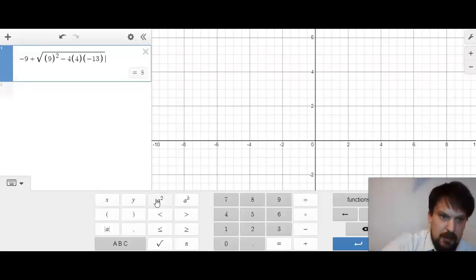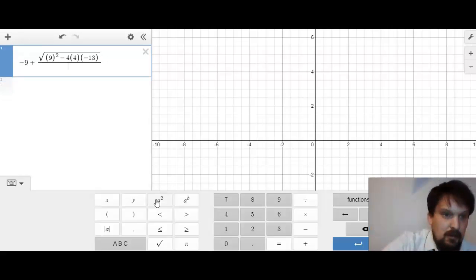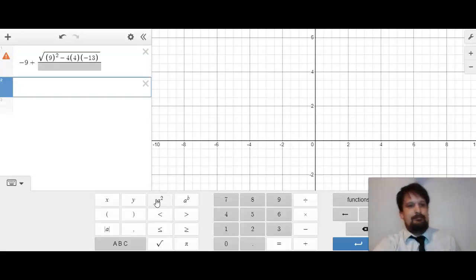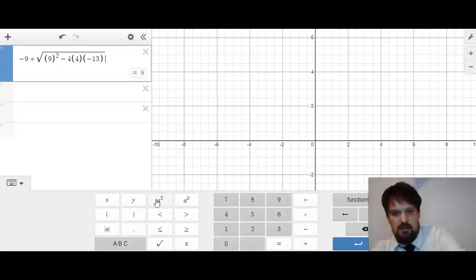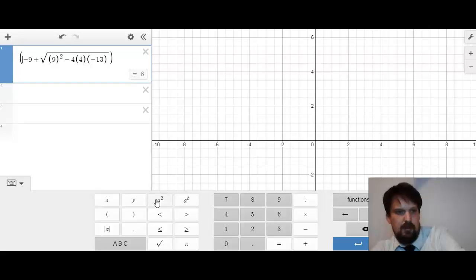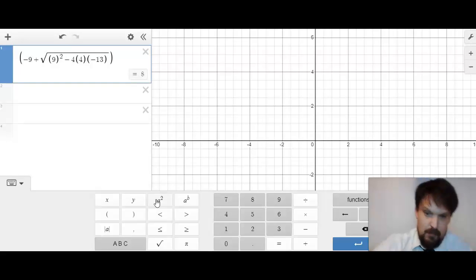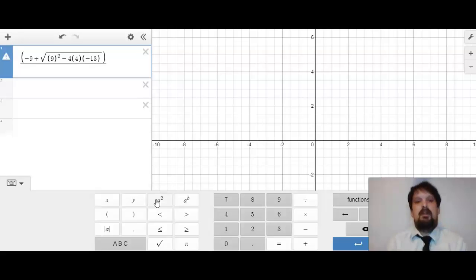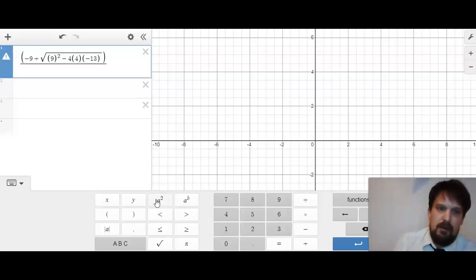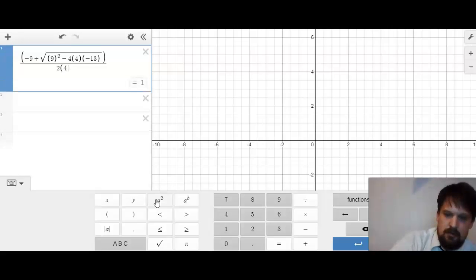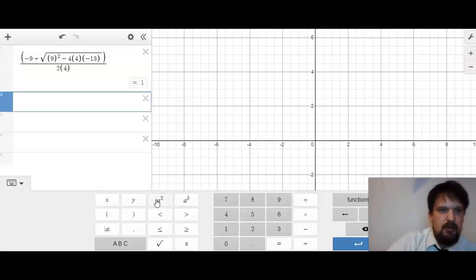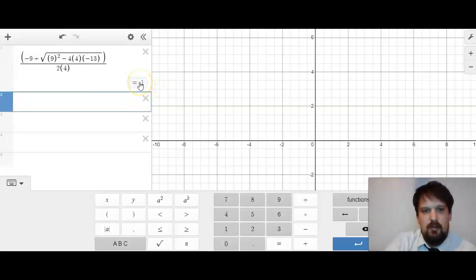Make sure I'm out from underneath the square root. I'm actually going to have to put parentheses around this whole thing. That way when I click divide, that whole thing is on the top. So make sure you put parentheses around the whole thing. Now divide by 2 times a, which is 4. Hit enter, and my answer is 1.